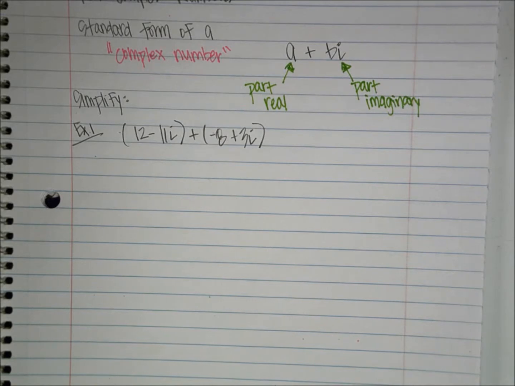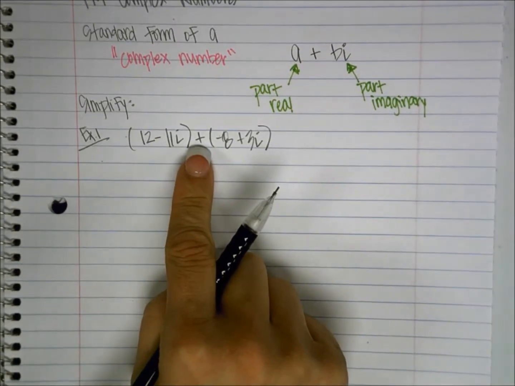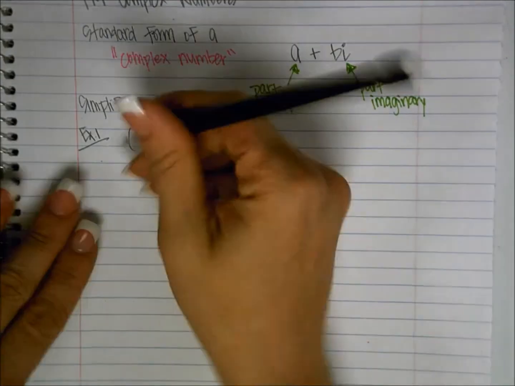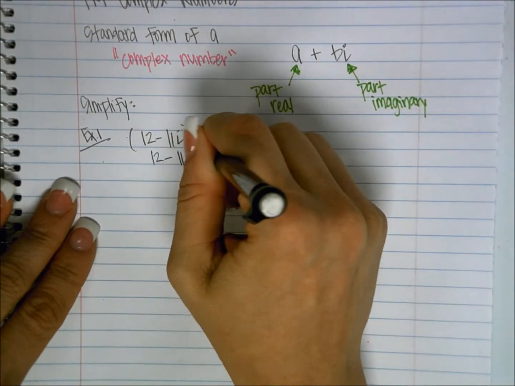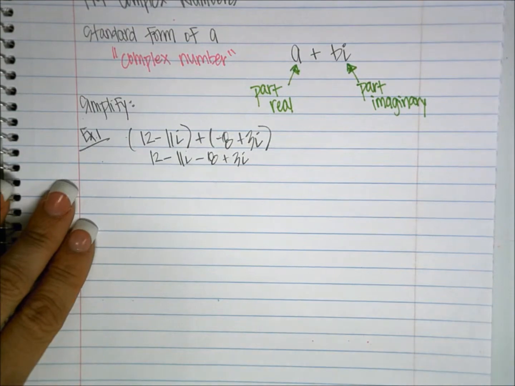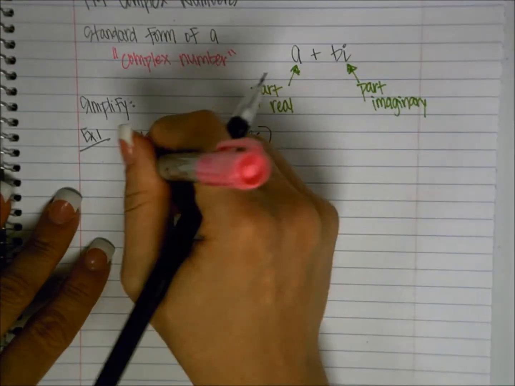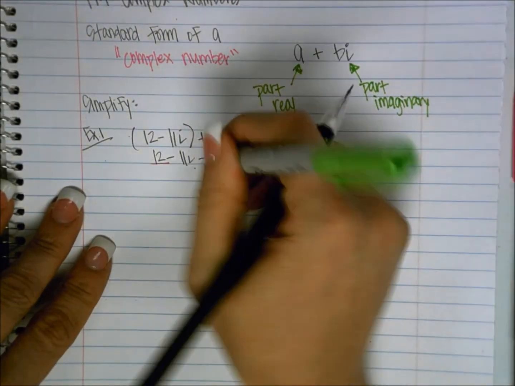All we're doing here is, if there's anything that needs to be distributed from your parentheses, then you would do that. This one's just a plus, so basically just drop the parentheses. So 12 minus 11i minus 8 plus 3i. Remember, you only need one sign in between there. And then this is just a matter of combining like terms. Put together the real parts, put together the imaginary parts.